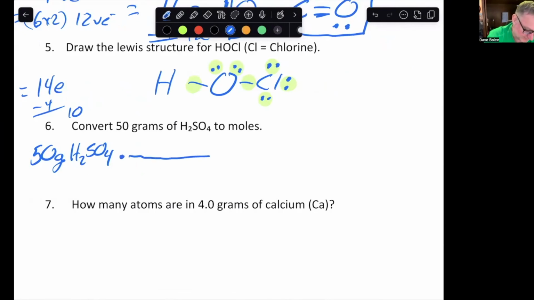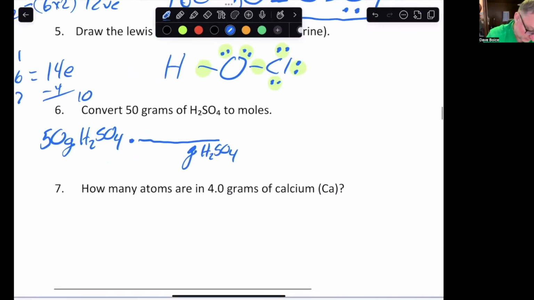I'm going to bring my unit down like always. So that's going to be grams of H2SO4. Remember, we don't care about the 50 because we're making a conversion factor that would work for any number, including 50. So I want to go from grams to moles, which I can do. Okay. And 1 mole is equal to, well, we got to do a little math.